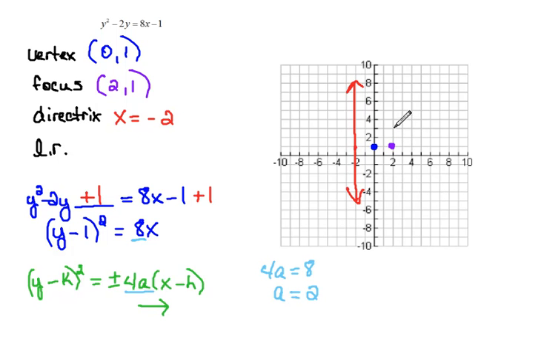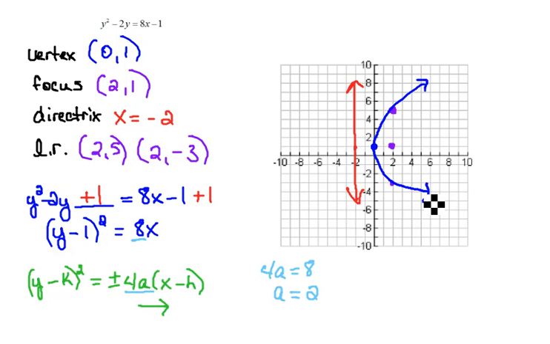So we're going to go 1, 2, 3, 4 units up. That would be the point 2, 5. And we're going to go 4 units down, 1, 2, 3, 4. And that would be the point 2, negative 3. Now that is what's going to help us draw in our parabola, and we will have completed the problem.